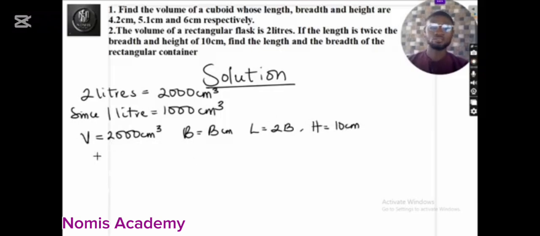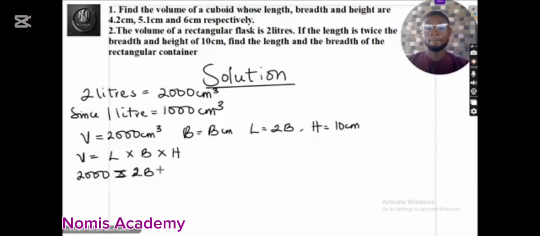So let's get into the formula. The formula says length times breadth times height. Given that the volume is 2000, the length now is 2b multiplied by b multiplied by the height, which is 10 centimeter.